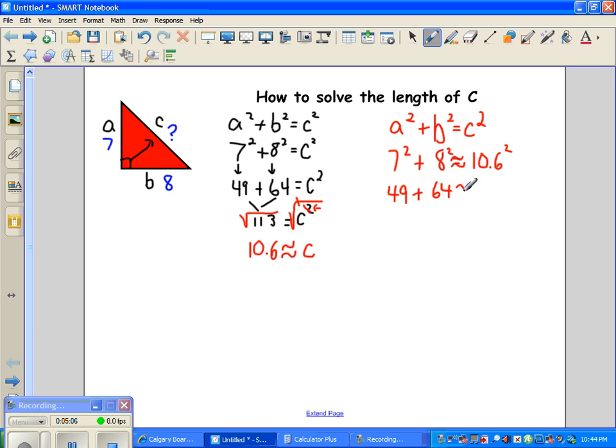we are hoping is about the square of 10.6, which works out to 112.36. Don't round back. It's a terminating decimal. It doesn't go off your calculator, so there's no need to round. Adding these two up, we can see that 49 plus 64 is 113.